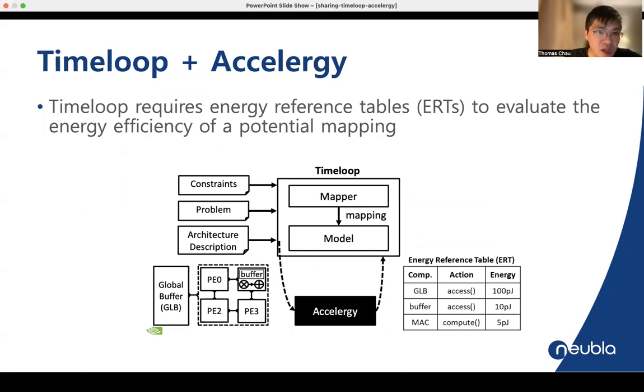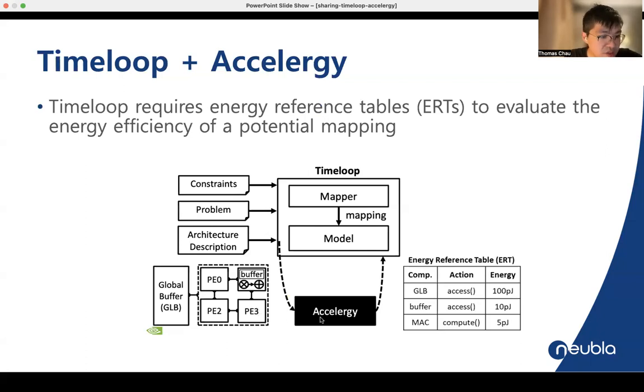So this is about Timeloop. And Timeloop is accompanied by Accelergy because Timeloop requires an energy reference table, ERT for short, to evaluate the energy efficiency of a potential mapping.